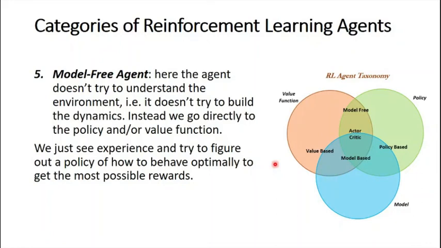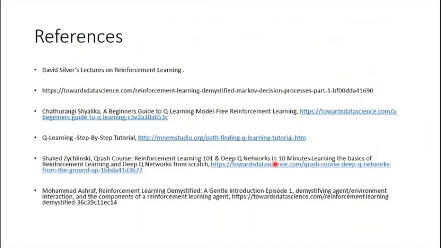We will try to see some of them in the next few lectures, and we'll also try to do a few examples in MATLAB on how to train an agent and how to make it behave the way you want it to. So we'll see that in the next few classes. In the meantime, I recommend going through these references. The presentation also has a few slides from these sources.